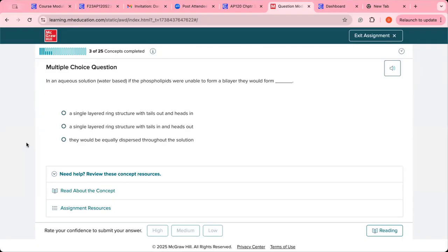In an aqueous solution, if phospholipids, let's see. They would form, let me see what it says.